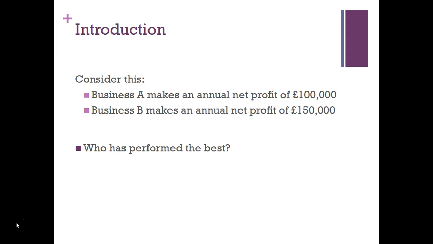Okay, so let's look at these two businesses first of all. Business A has just made an annual net profit of 100,000, and business B has made an annual net profit of 150,000. If this was all the information you had to hand, you would say, well, of course, business B has done better.